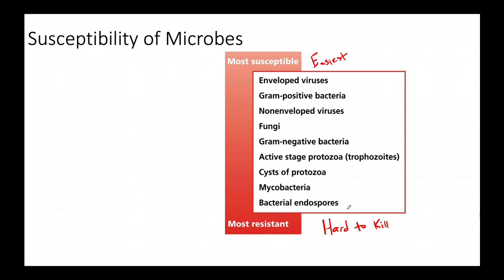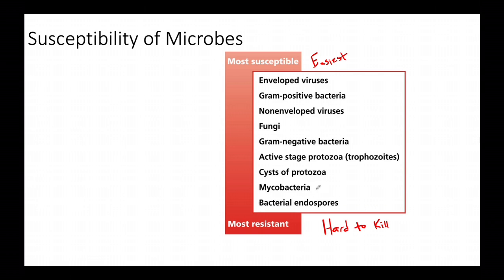And this bottom one here, so the hardest, should not be surprising because we've talked about endospores, I think now at least a couple times. And so endospores are very resistant structures. So they're resistant to chemicals, they're resistant to temperature, and so they are by definition hard to kill. So not surprisingly, they're on this most resistant end.